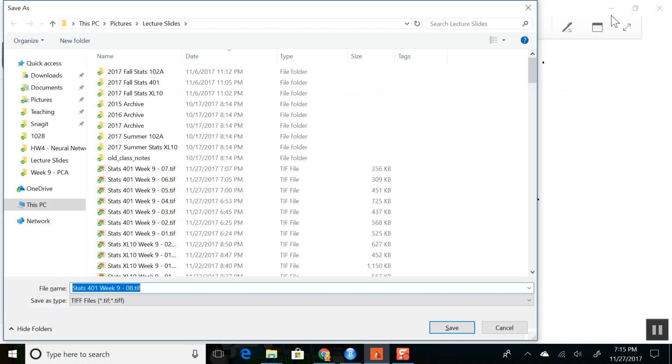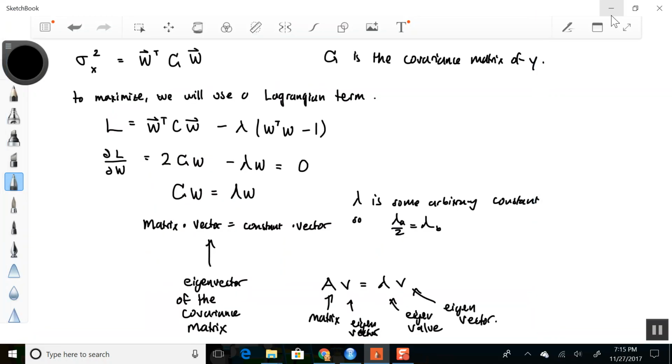So all of this math is just to show that if we want to project the data down into a dimension that maximizes the resulting variance, we would find the eigenvector of the covariance matrix of the centered data.